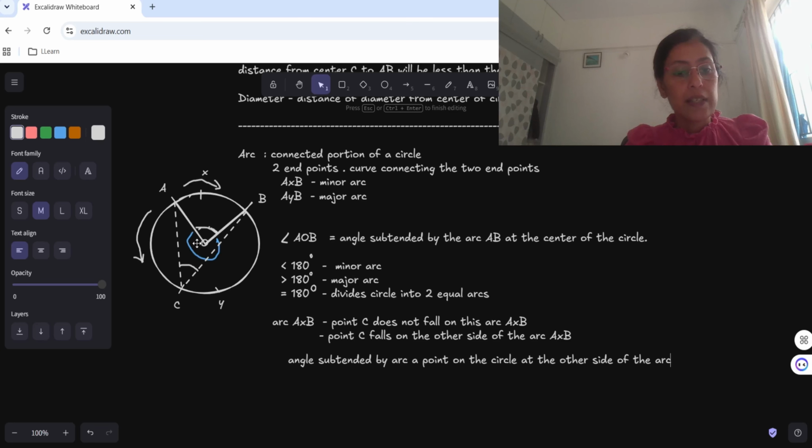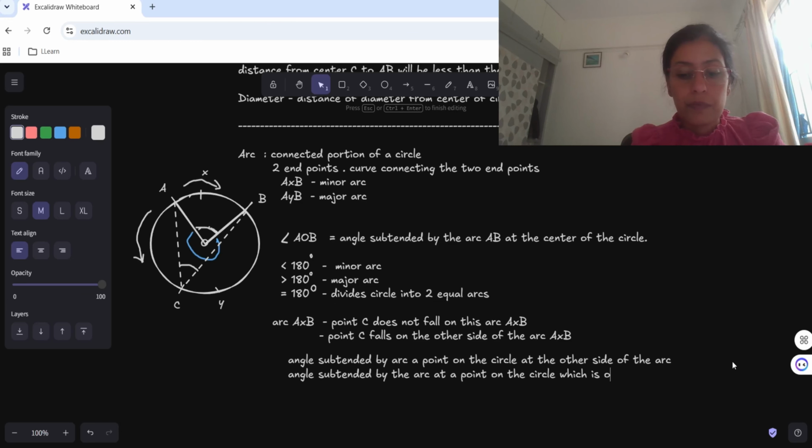Or we can say it is a point on the circle, but outside the arc. We can also say it is an angle subtended by the arc at a point on the circle which is outside the arc.